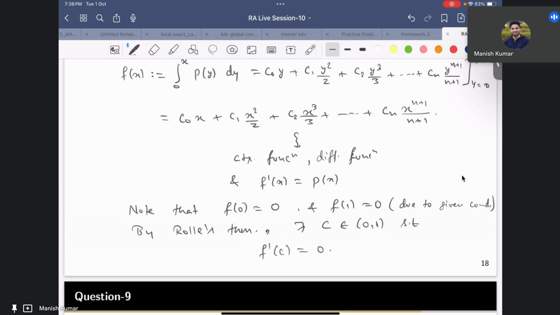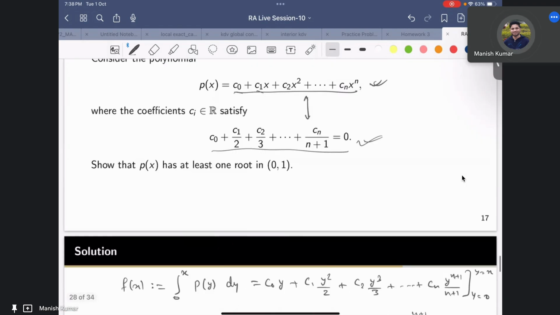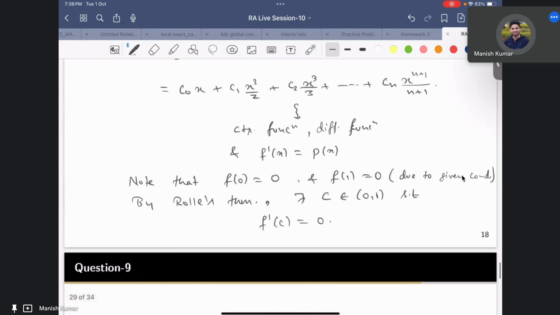And this is what you were required to prove, because f prime of C is nothing but p. This implies p at C is equal to 0. So you have got that there exists at least one root of the polynomial p. Okay, so in this way you can solve this problem. Is this okay?